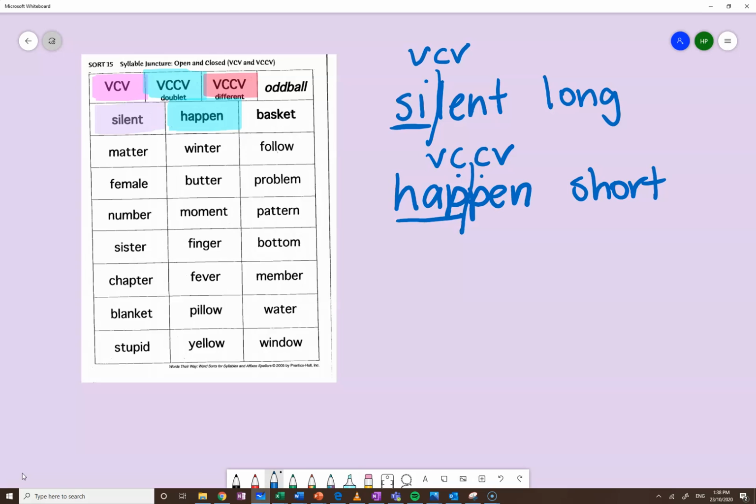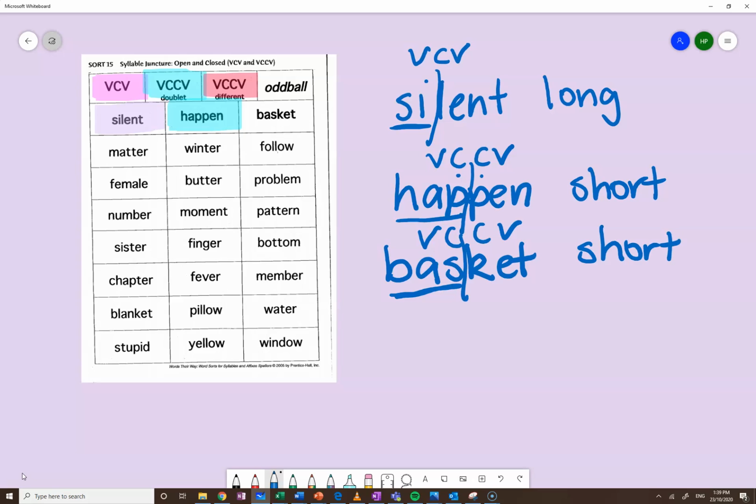The third example today, basket. Here we go, basket. Here is my syllable juncture. Now let's look at the spelling pattern. V, C, C, V. Now let's look at the sound that the vowel makes. Bas. So that's a short vowel sound.